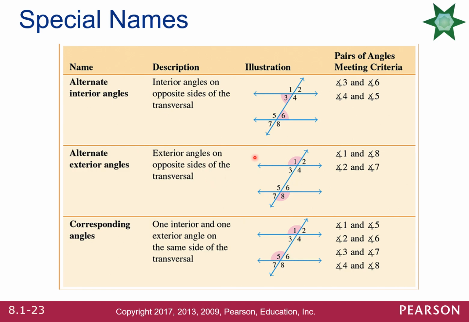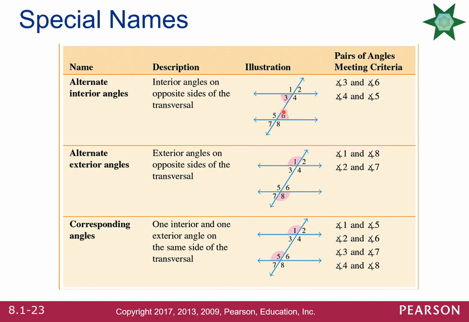So, when a transversal intersects two parallel lines, one set of angles that have a special relationship are alternate interior angles. In this picture, 3 and 6 are alternate interior angles. Interior meaning they are inside, within these two parallel lines.